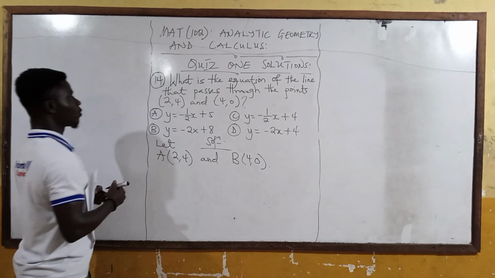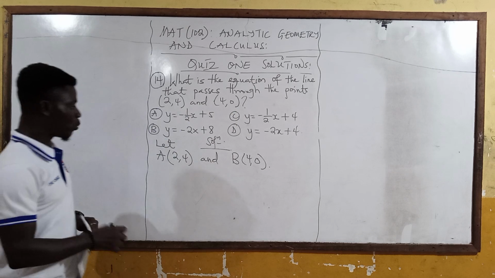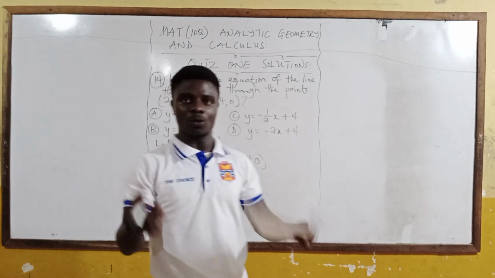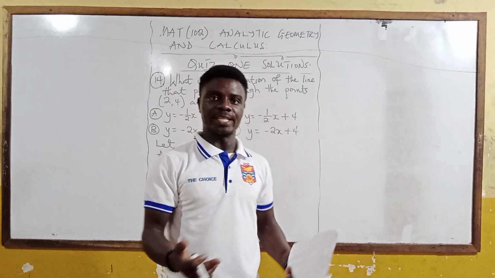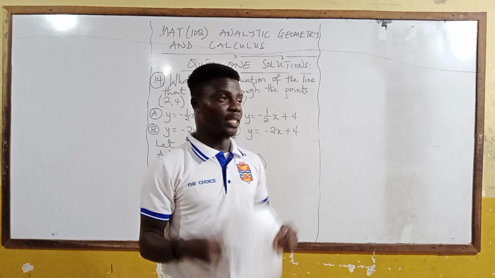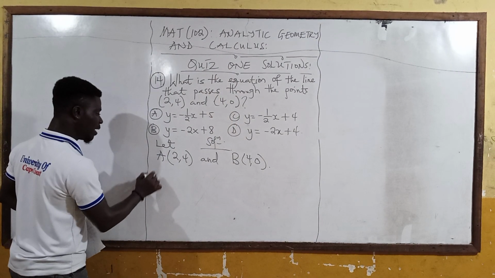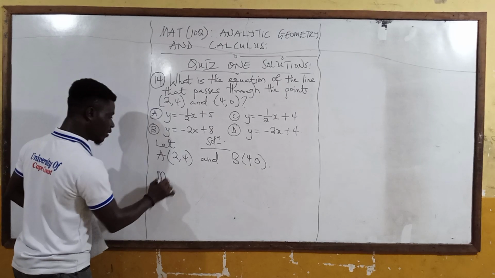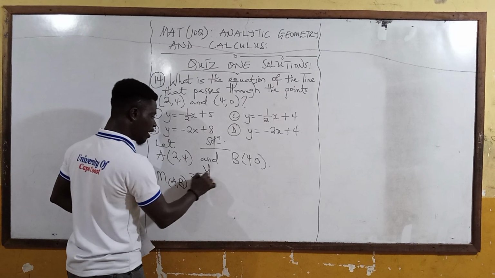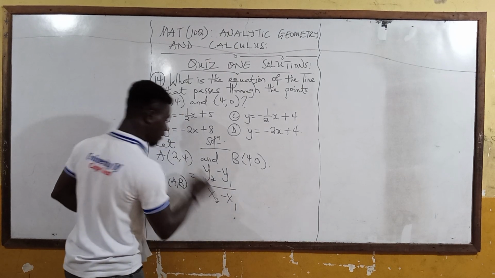So how can we get the equation of the line that passes through these points? If you want to find the equation of the line, you need the gradient and one of the points on the line. Then you can find the equation. So first of all, we need the gradient of AB, which is equal to the difference in the y values over the difference in the x values.